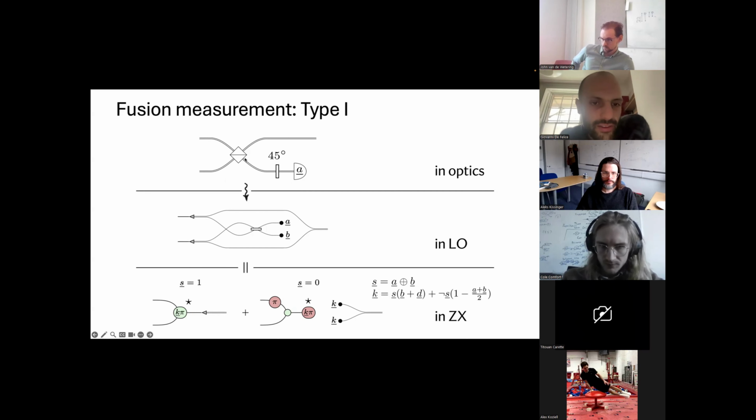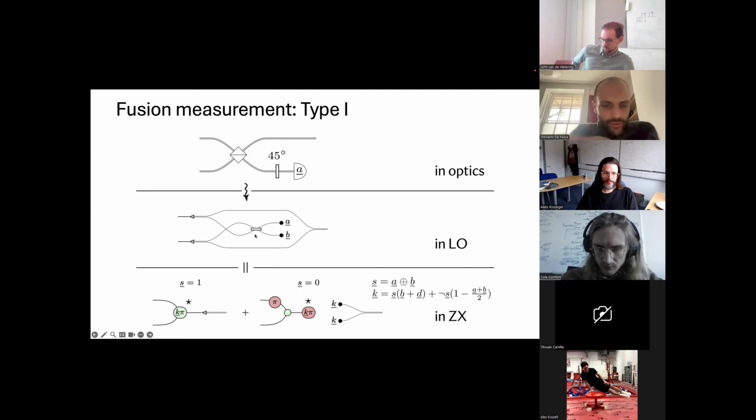This is equivalent to the following circuit. You can represent the polarizing beam splitter as a bunch of swaps on these bosonic modes, and this becomes the beam splitter that you see here. And then the measurement of the polarization becomes just measuring the number of photons on the top or the bottom waveguide.